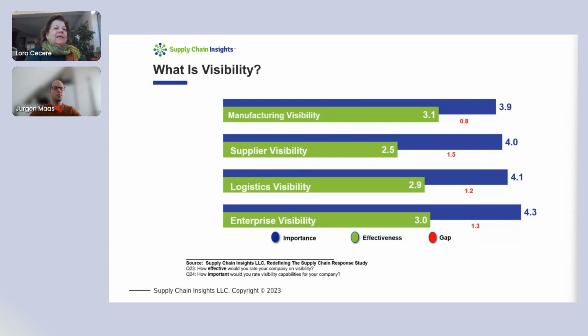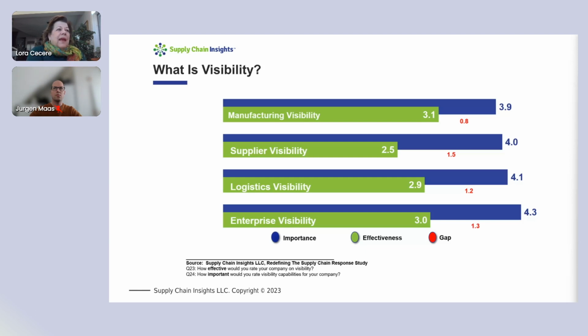And you can see that enterprise visibility is a very large gap, even though we've invested in a lot of systems. The reason is that we've tried to make functions very efficient, but really the supply chain is all about source, make, and deliver working together, and the team being able to see the data to make decisions on this thing that we call the complex nonlinear system called supply chain.